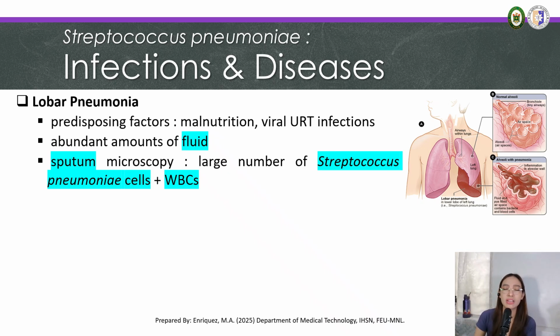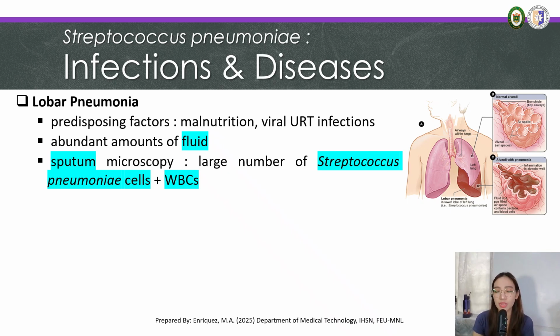But let's compare that to the lower lobe of the patient in this illustration, wherein dito nga po natin ma-observe yung lobar pneumonia. Naka-confine lang siya dun sa specific lobe. But as you can see right here, there has been fluid accumulation dun sa airspace sana nung alveoli.